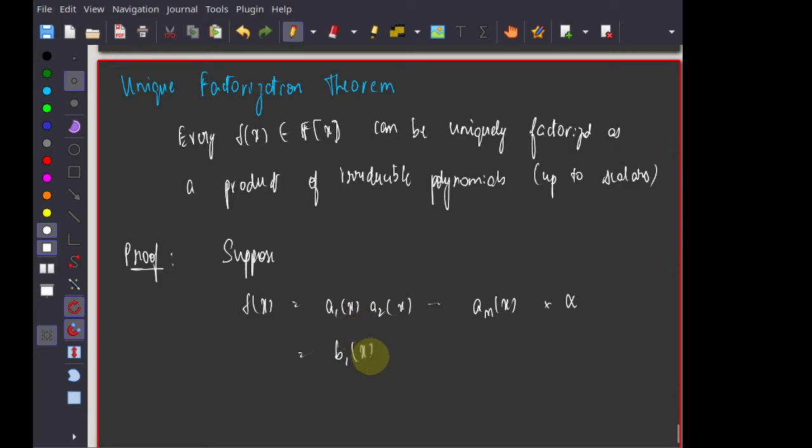Similarly, I can also write it as b1(x), b2(x) to bn(x) times beta. Suppose these are two different ways of factorizing f(x).